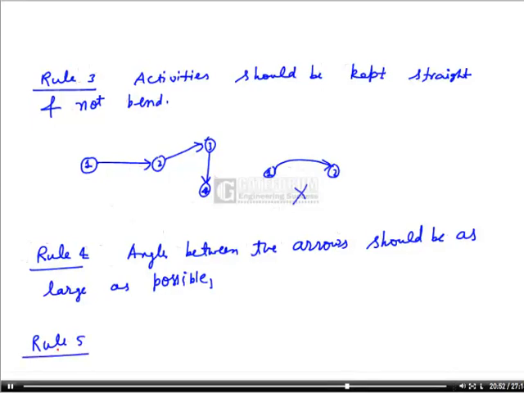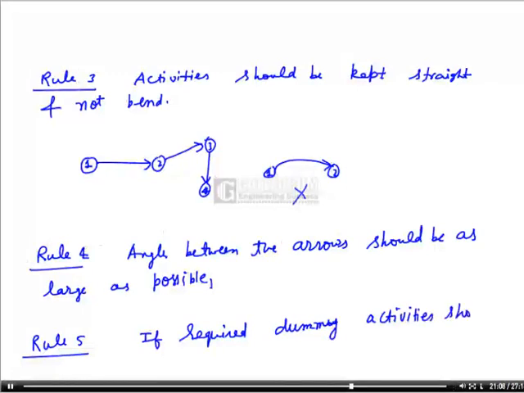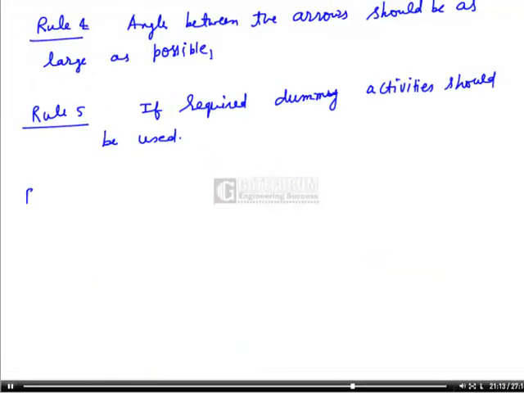If required, dummy activities should be used. Rule number 6. An activity which only determines the precedence relationship can be maintained using dummy activities. So rule number 6 talks about the definition of dummy activities.